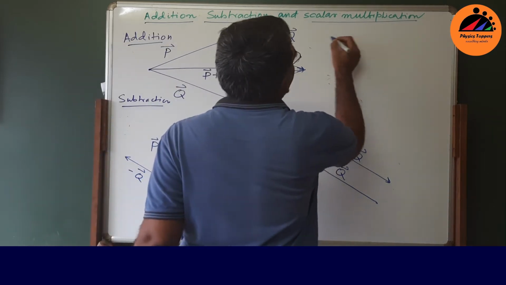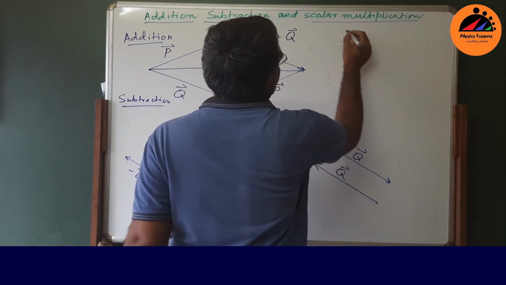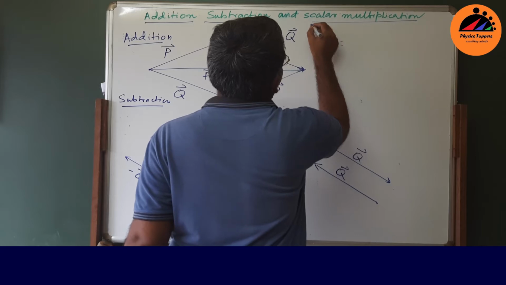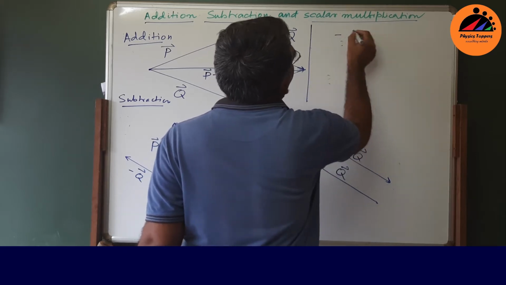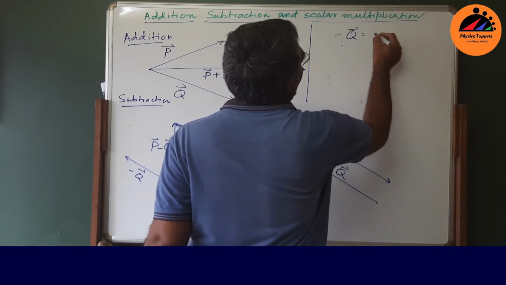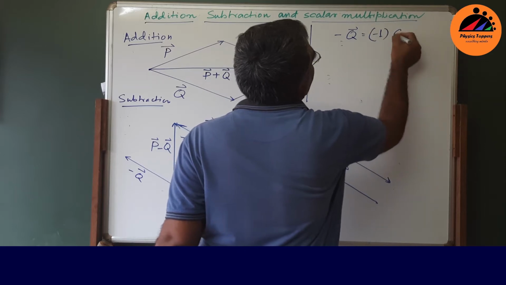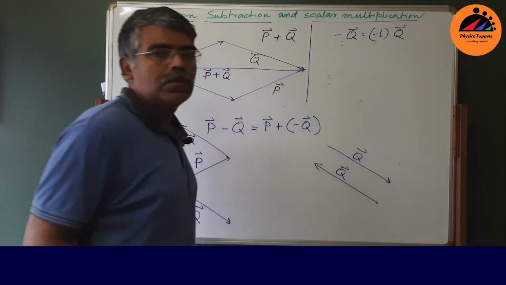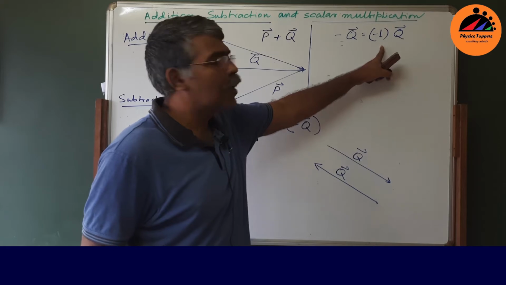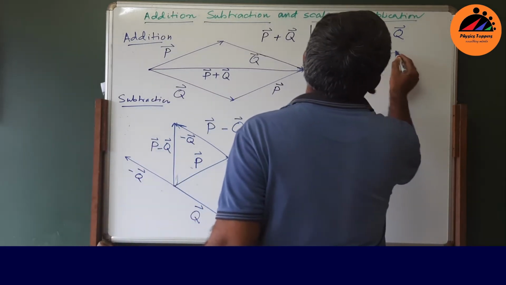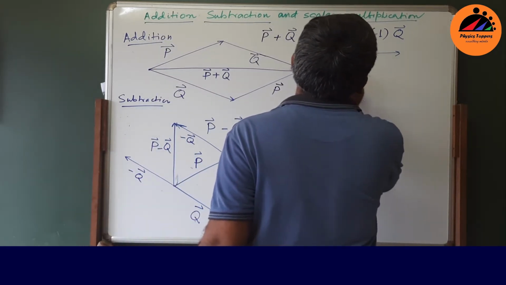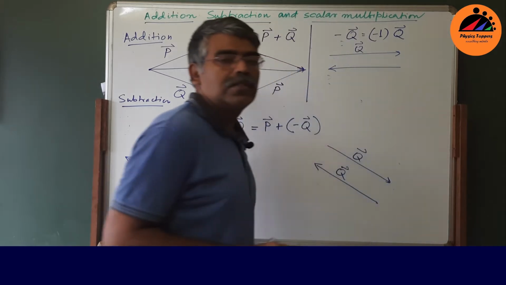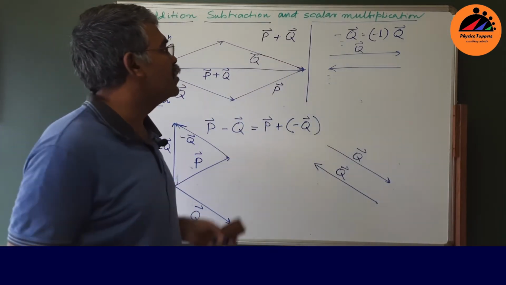So minus Q. So if I take this topic, scalar multiplication, minus Q is basically minus 1 times Q. So if I multiply minus 1, what happens? Suppose if this is Q, the direction changes. Everything remains the same.